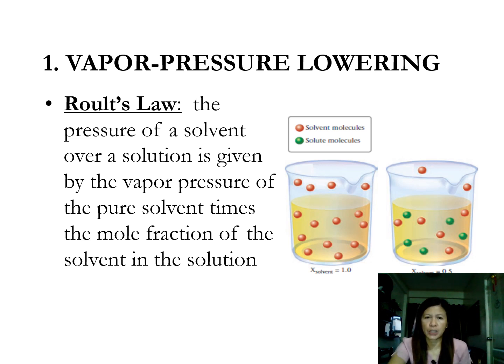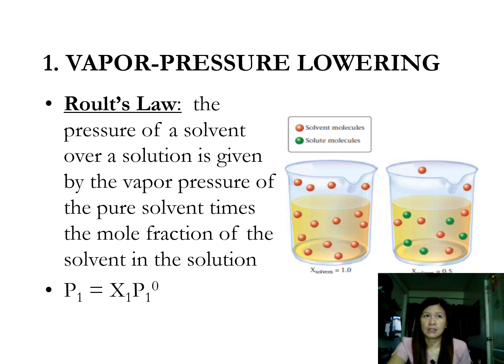Raoult's law states that the pressure of a volume of a solvent over a solution is given by the vapor pressure of the pure solvent times the mole fraction of the solvent in a solution. In equation, that is P sub 1 equals the product of X sub 1 and P sub 1 superscript O. P sub 1 means vapor pressure of a solvent over a solution.